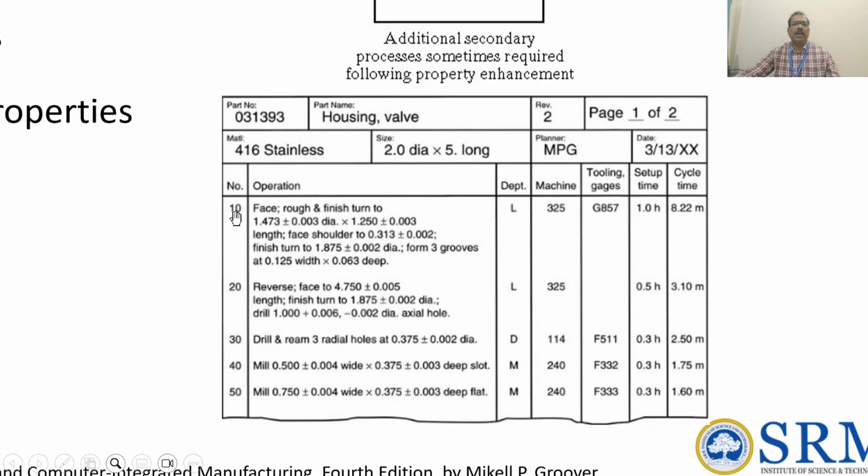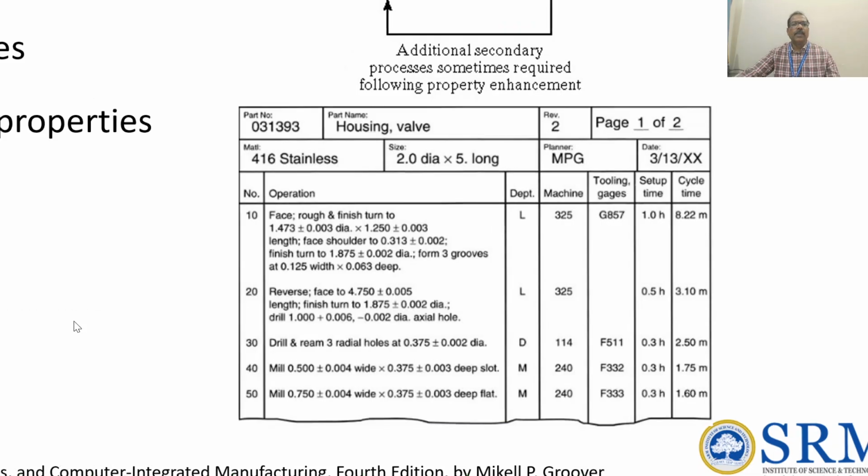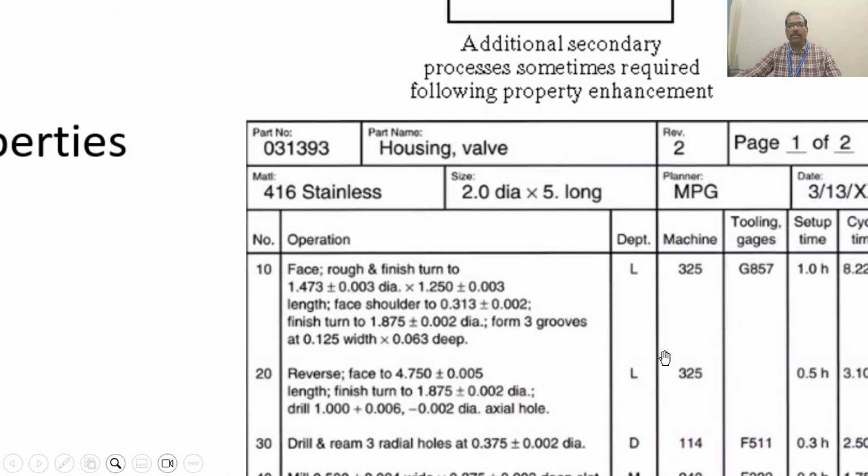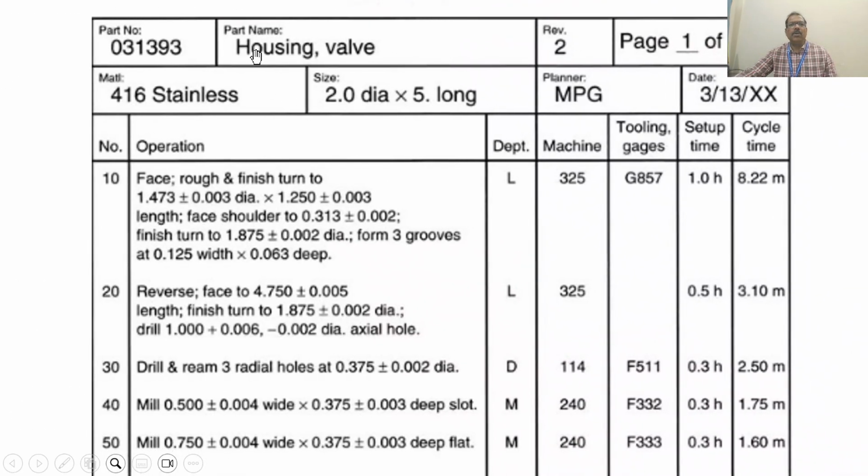So this is the part number. The part name is housing valve, and there are two pages. On the first page, the size or dimension of the component is given, diameter and length, in terms of pipe.